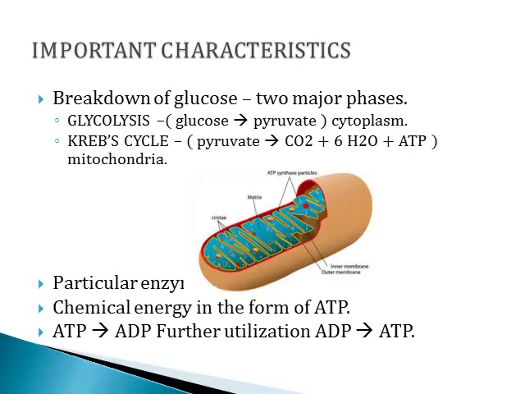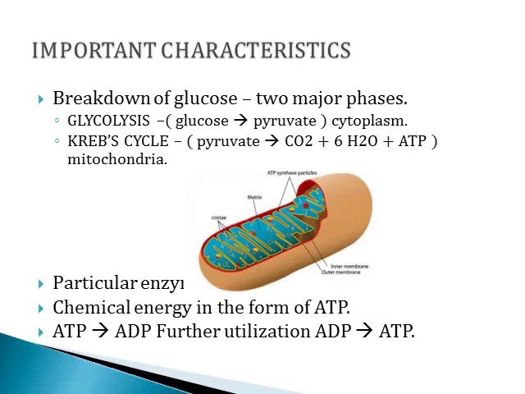The next is that each breakdown step of this glucose is done with the help of an enzyme. A particular enzyme is involved in breaking down the glucose molecule in each and every step. This is the second point. The third one is that the energy liberated in the breakdown of the glucose molecule is not all in the form of heat.